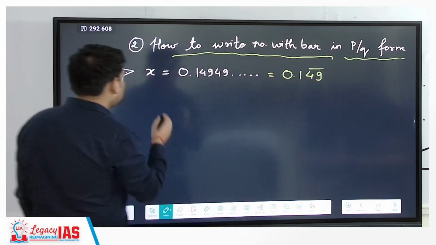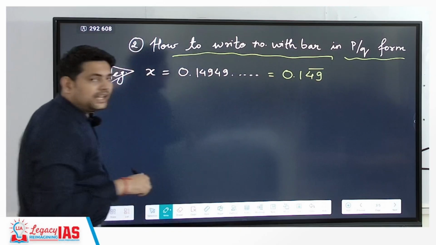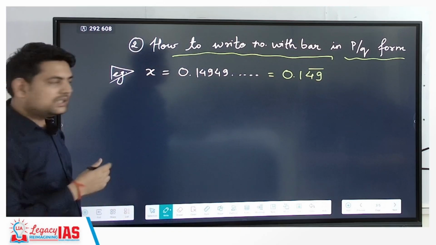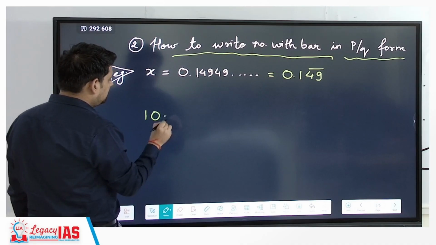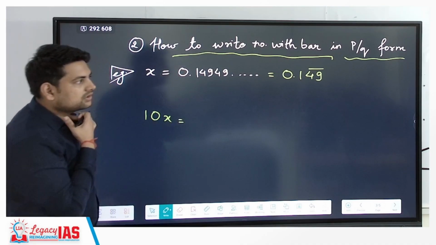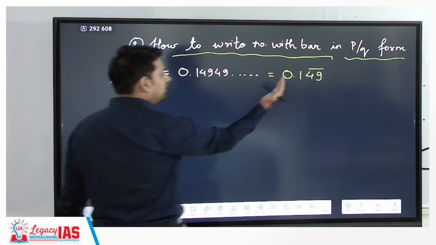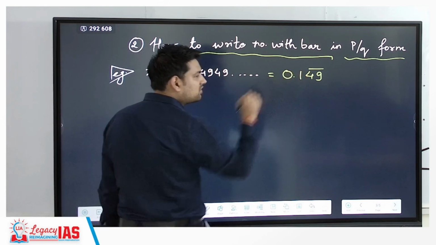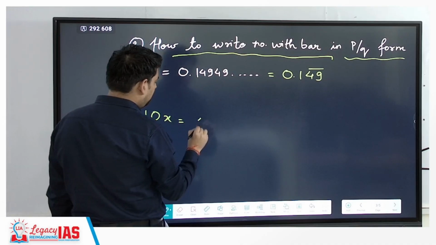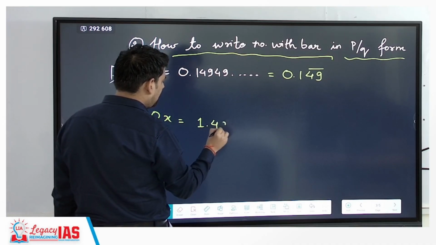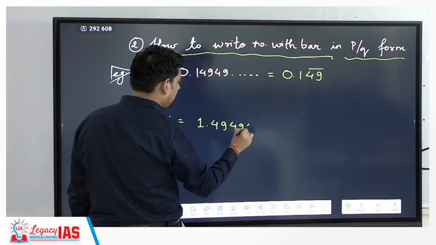What you can do is multiply this whole equation by 10. If you multiply this by 10, then what will happen? It will become 10x equal to what? 1 will go here, the decimal will shift one place when you multiply it by 10. So it will become 1.494949.